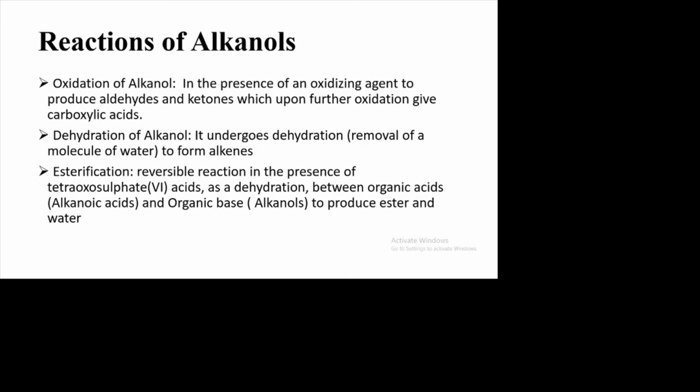Primary alkanols undergo oxidation to form two main organic compounds: number one, alkanals, and number two, alkanoic acids. In the presence of an oxidizing agent, it forms alkanal, also known as aldehyde, and forms alkanoic acid, also known as carboxylic acid, upon further oxidation.